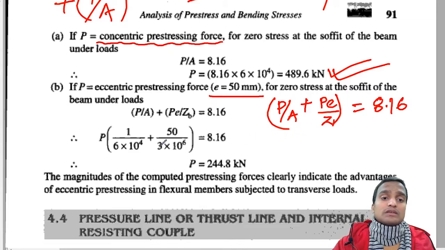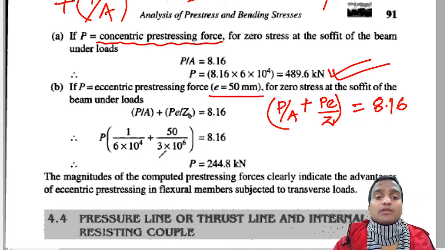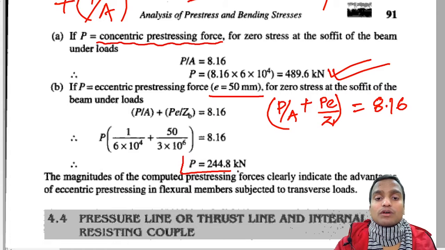So let's do this. P is taken common, and 1 by A, area of the cross section, plus e by Zb. Now e is 50 mm, Zb is calculated, and once we do this, the P value comes out to be 244.8 kilonewton.